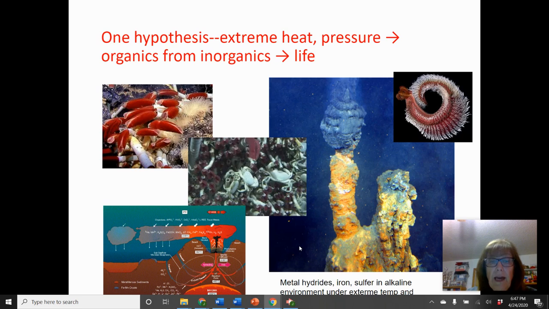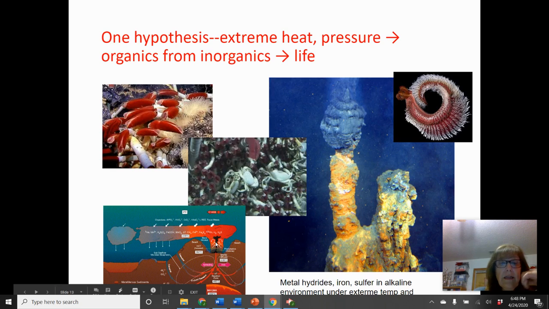Some of the evidence we have for that is found down deep in the hydrothermal vents, which are found deep in our ocean, and they follow along the mid-oceanic ridge. This is where crust is being made. So we have hot mantle material being pushed up into the crust, and then it spreads out and hits the cold ocean water, it solidifies, and we make more crust.